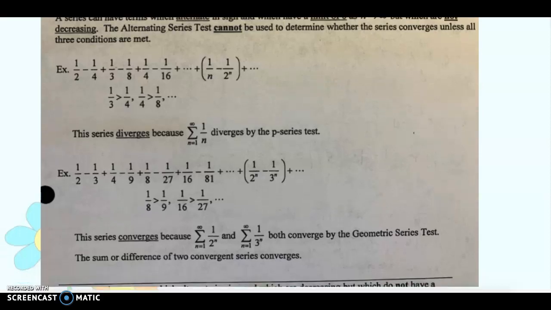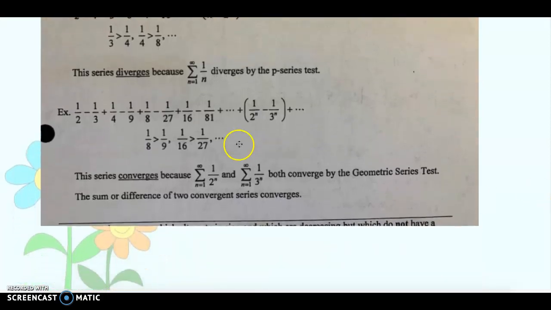And another example that we have on here is another positive, negative, positive, negative, positive, negative. The a sub nth term is right here. And that's what we see. We've got 1/2 to the first minus 1/3 to the first, 1/2 squared minus 1/3 squared, and that next term is not smaller than the previous term. 1/8 is greater than 1/9. 1/16 is greater than 1/27.